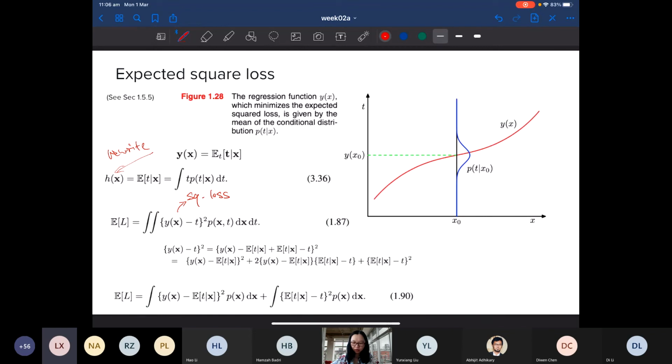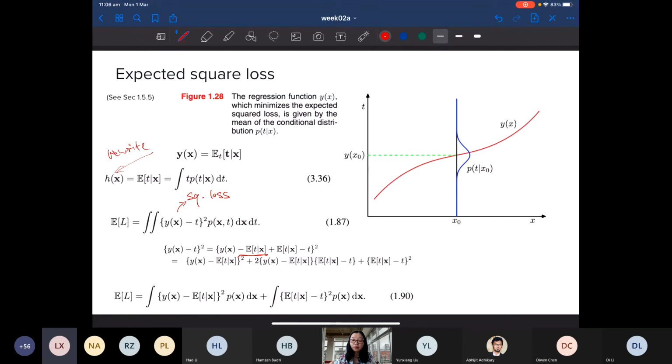We'll look at it in several parts. So when we are concerned with the square distance between y and t, we expand this term by adding and subtracting the term expectation of t given x here. It might be hard to know what to add and subtract at the beginning, but let's look at a few instances. Hopefully we'll get a better idea.